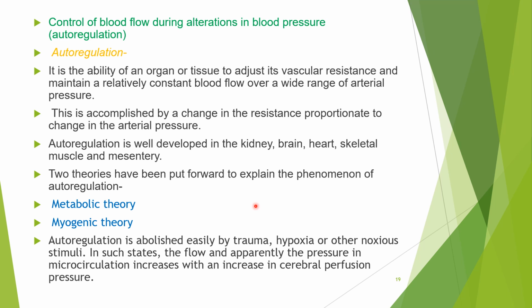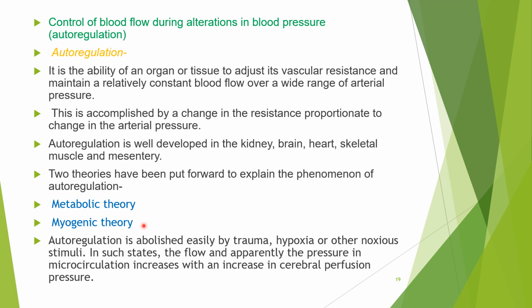Then, in the myogenic theory, what is happening? The vascular smooth muscle responds to wall tension. Okay. So, this is according to the law of Laplace. This myogenic theory is based on the law of Laplace. An increase in the arterial pressure, what does it cause? It initially stretches the smooth muscle fibers in the vascular system. Okay.